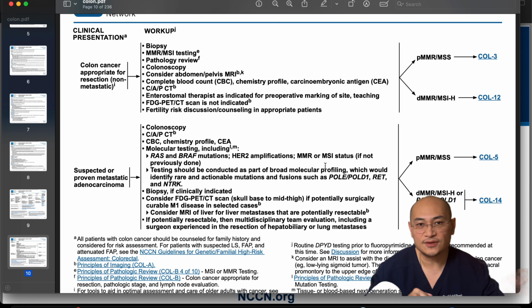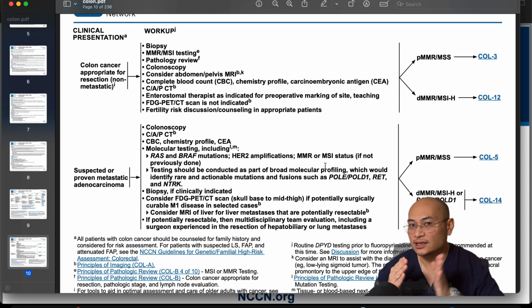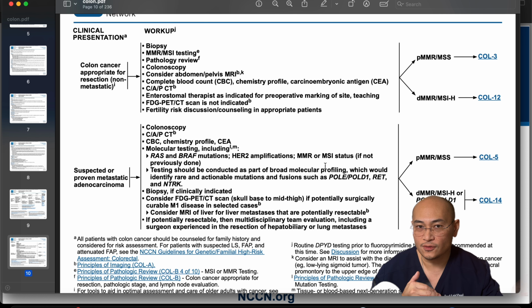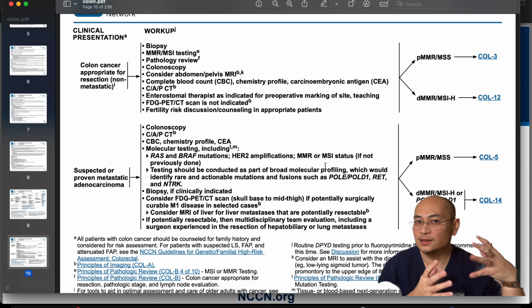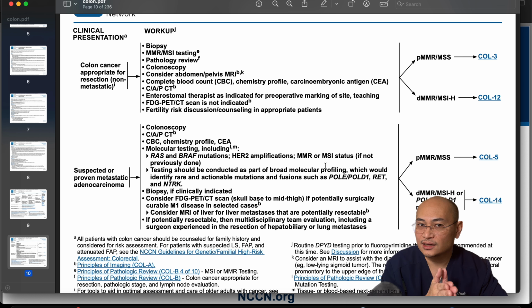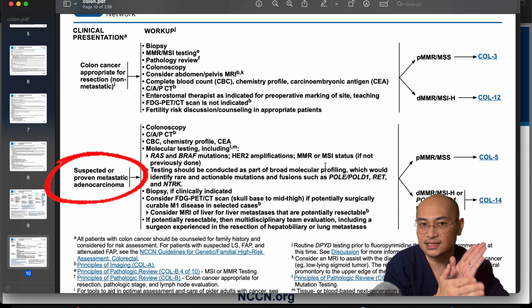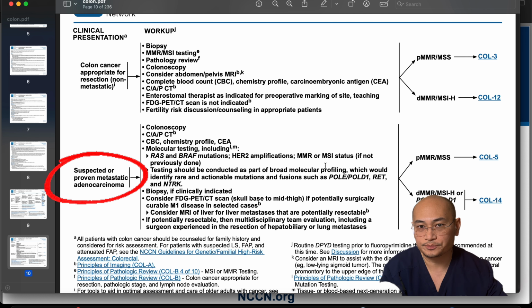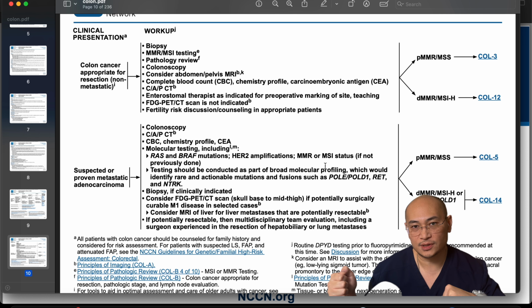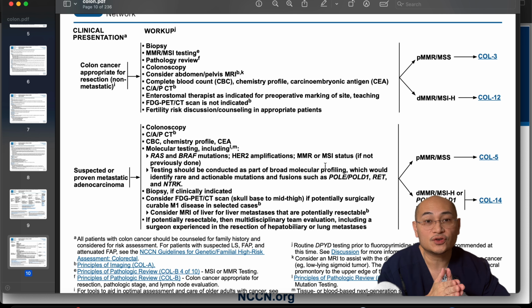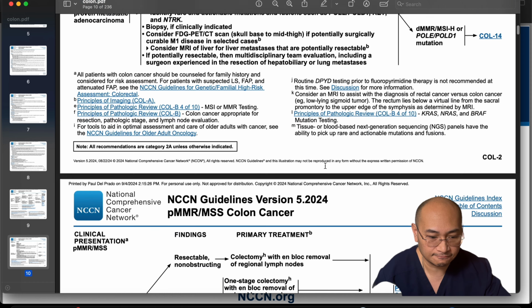If it's invasive, you want to understand if it is still resectable, or if it is metastatic, you still want to understand, even though it is metastatic, certain forms of metastatic disease are still resectable. And that leads you now to your next treatment after you've undergone that aspect.